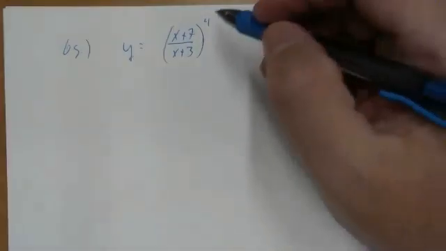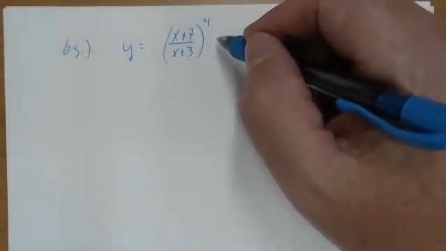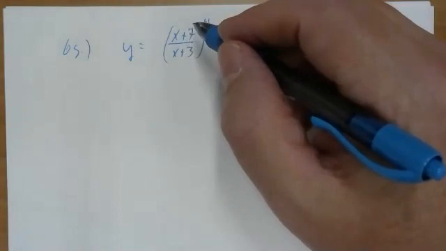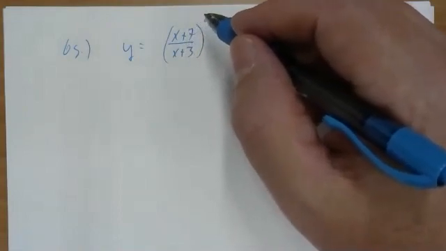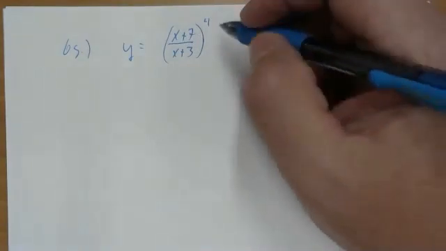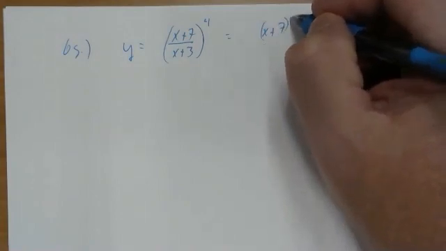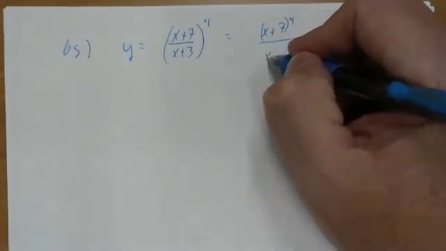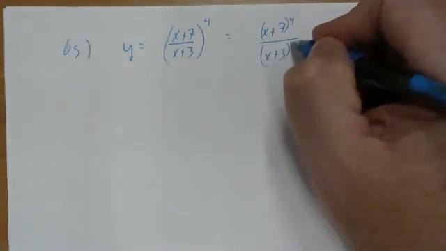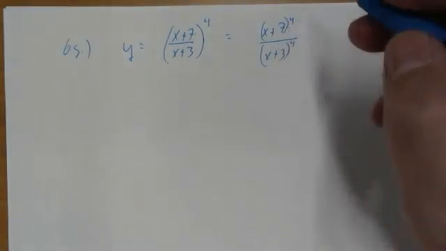Trying to think what, because you could split this up into 2 separate. In other words, here's what I'm trying to decide, because I can rewrite this. I think I'll probably go with this.